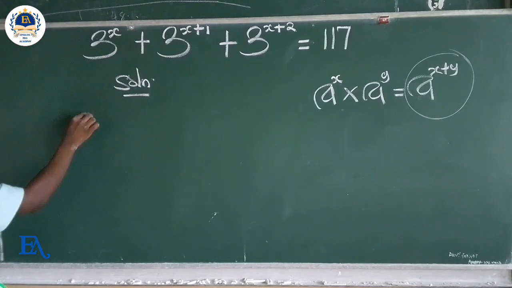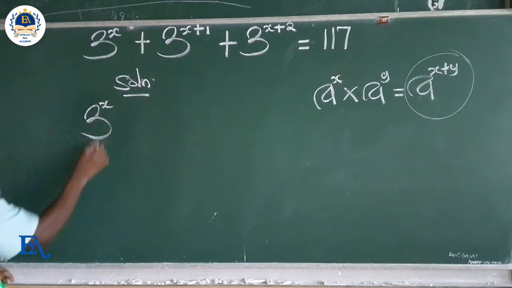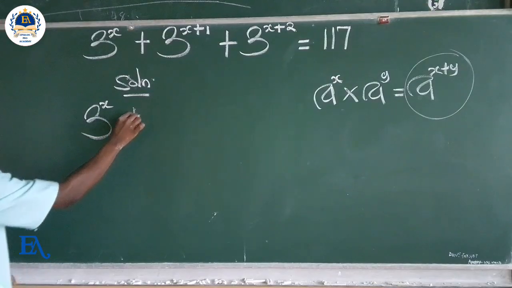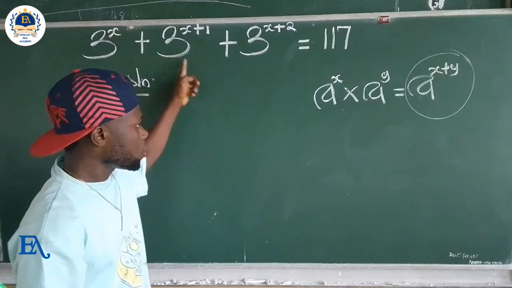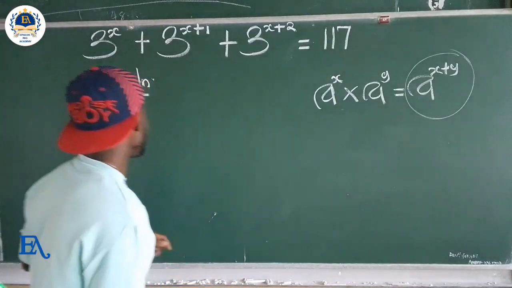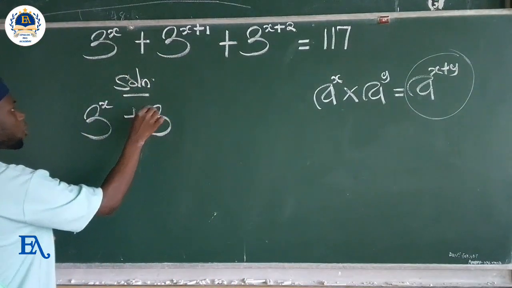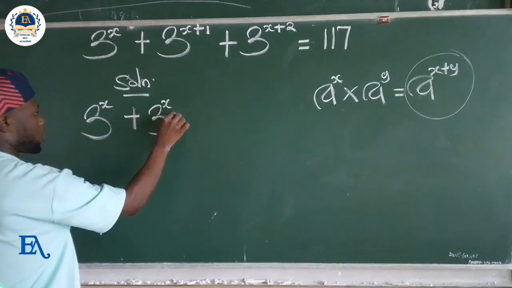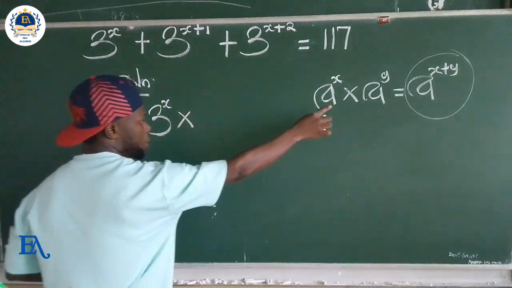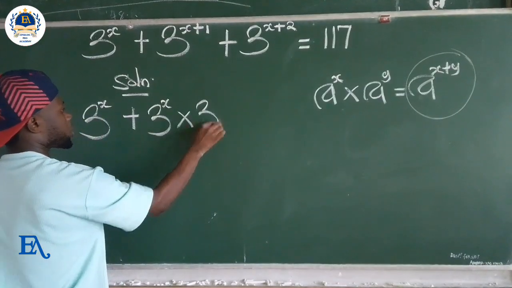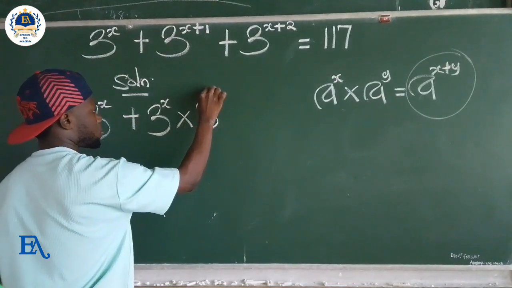Starting with this one, 3 raised to the power of x plus 1, if I'm required to convert this, it will become 3 raised to the power of x times the same base 3 raised to the power of 1.